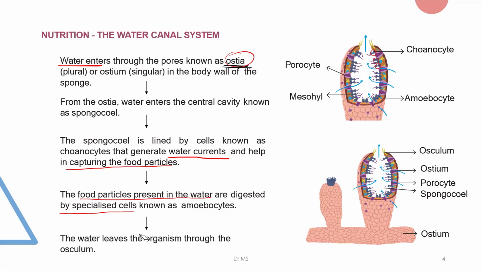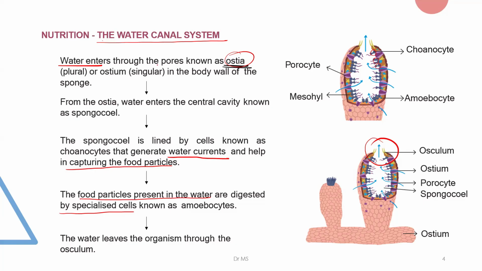Finally, the water will leave through a big opening called the osculum. Understood? You don't need to remember this entire thing, but just know these organisms contain a special type of system called the water canal system, through which the nutrition is absorbed and digested.